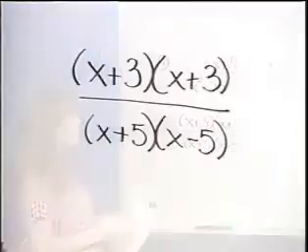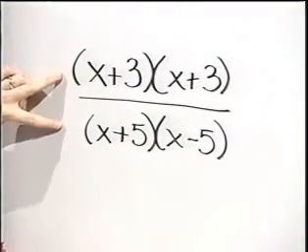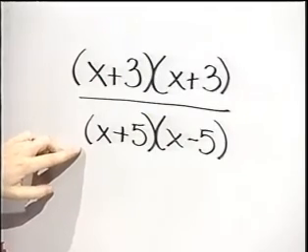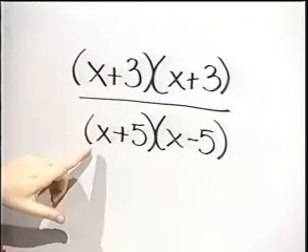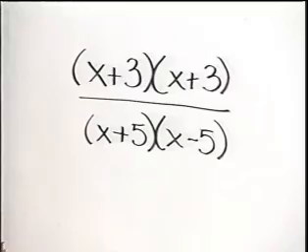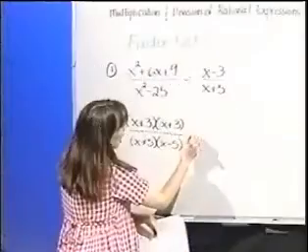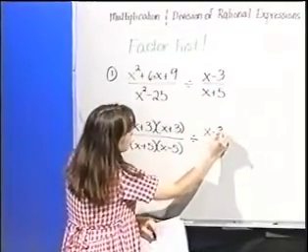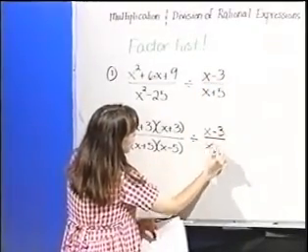So that first rational expression is simply x plus 3 times x plus 3 over x plus 5 times x minus 5. Okay. Now what are we doing? We're dividing that by the rational expression x minus 3 over x plus 5.